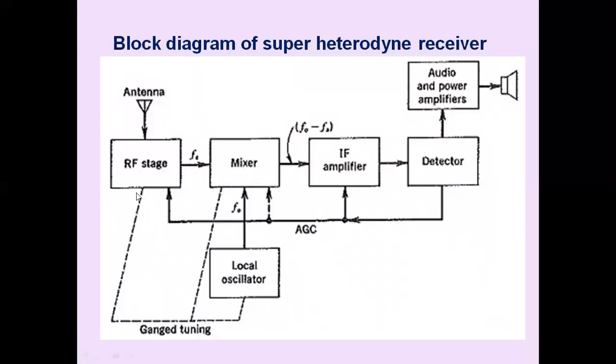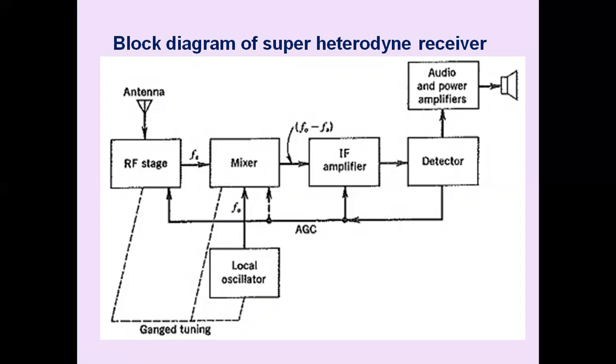That means if the RF stage is tuned to Fs and the local oscillator is tuned to F0, which is equal to Fs plus 455 kilohertz in case of AM, that 455 kilohertz is called the IF frequency. When we take the difference, it is always the IF value. That process, the super heterodyne process, is adopted in the super heterodyne receiver.